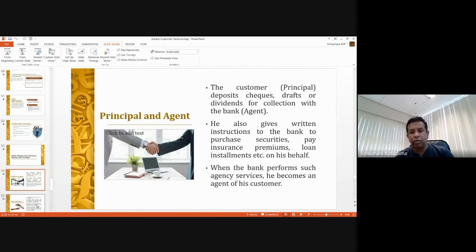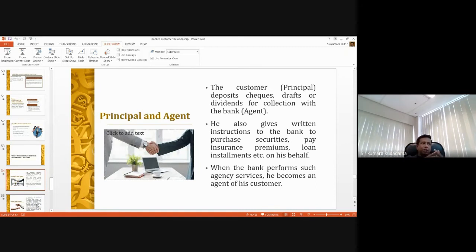Just see what happens when standing orders are honored. When the customer gives a standing order, he is, as a principal, telling the agent, the bank: my agent, make a payment on my behalf to my insurance company as insurance premium, or make a payment to this utility company. You are my agent, you are paying that.